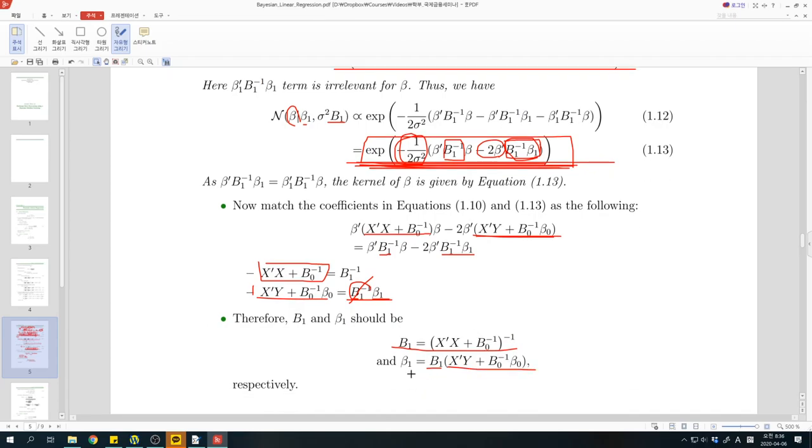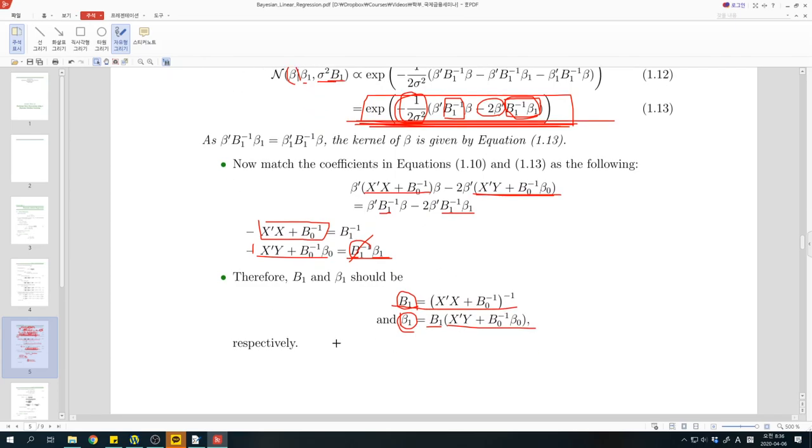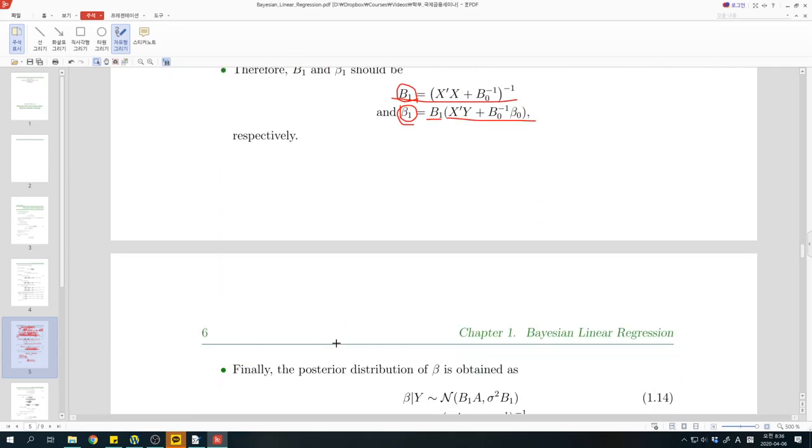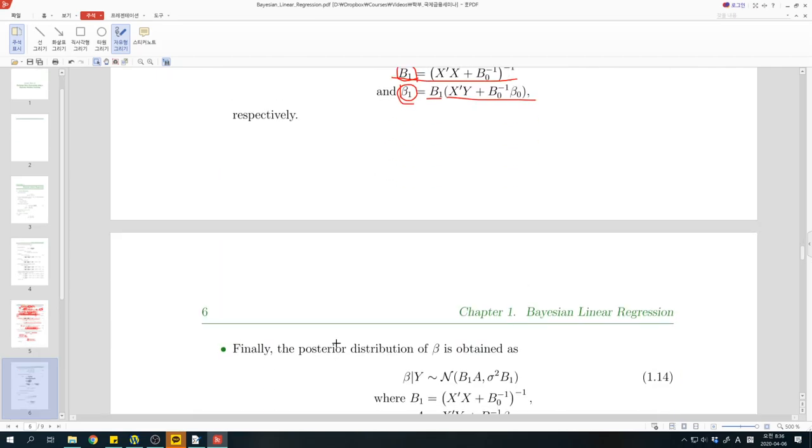So what is beta 1? Beta 1 is the mean. b1 is the variance covariance. Exactly speaking, sigma squared times b1 is the variance covariance of beta. Then we are done.